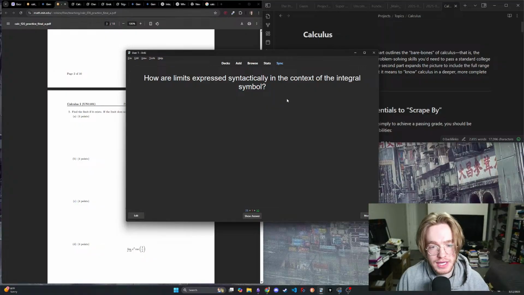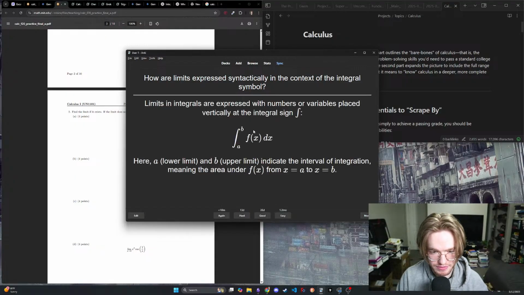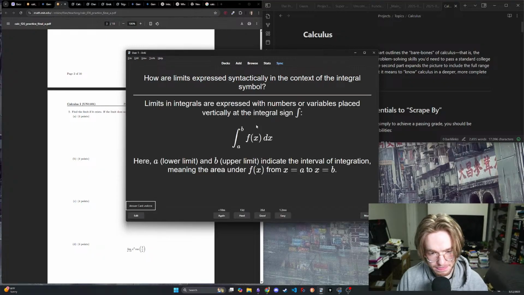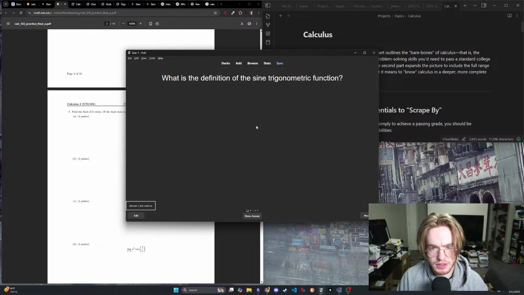Okay, how are limits expressed syntactically in the context of the integral symbol? The upper limit is on the upper side of the S, and lower limit on the lower side of the S. Yep. What is the definition for the sine trigonometric function?